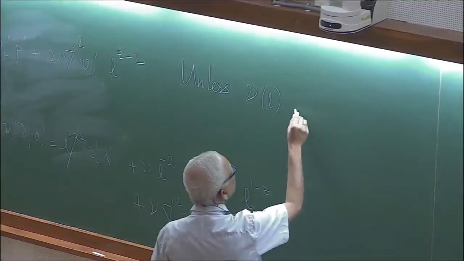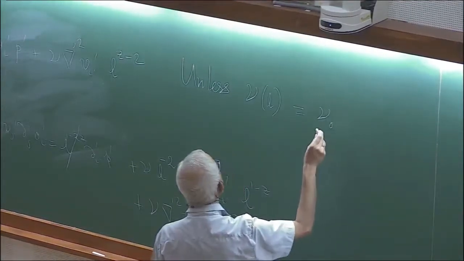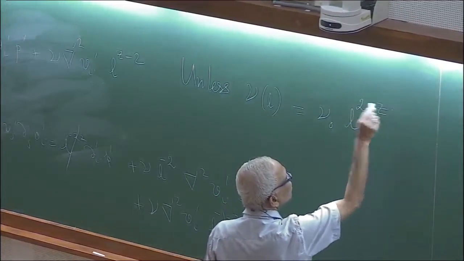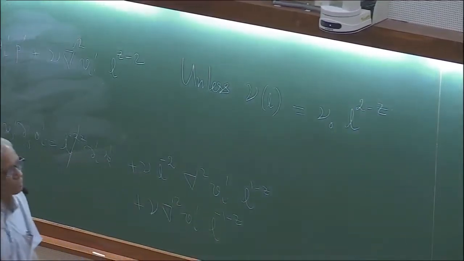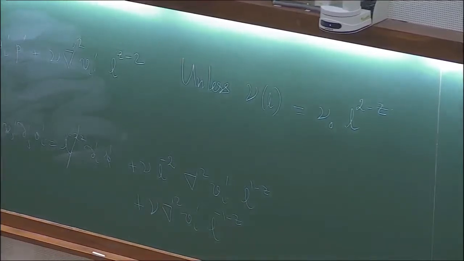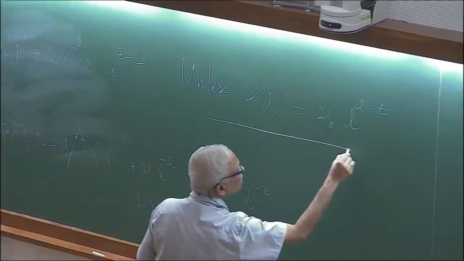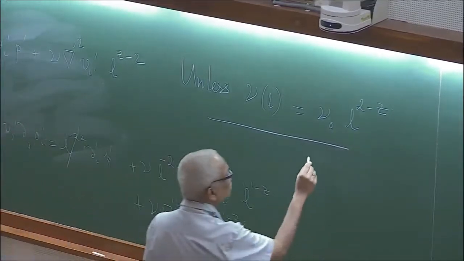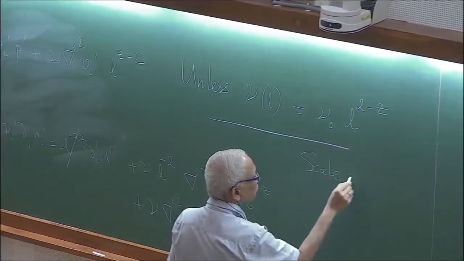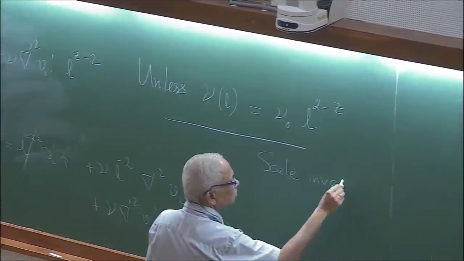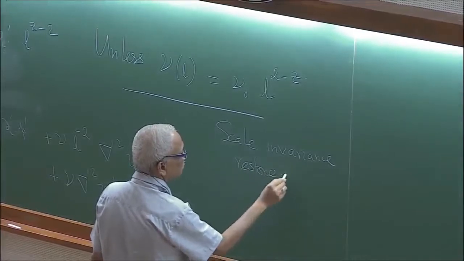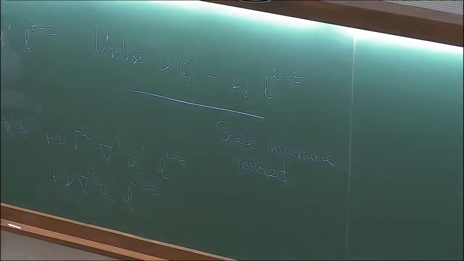Nu is really nu of L, which is nu 0 times L to the power 2 minus Z. And if this were true, then scale invariance is restored in the Navier-Stokes equation.